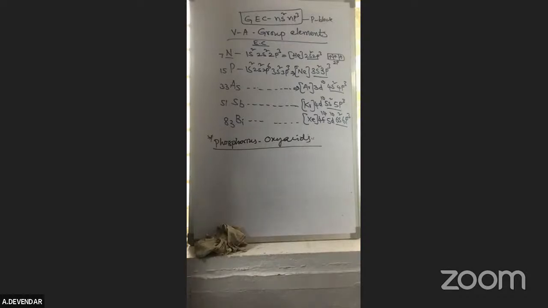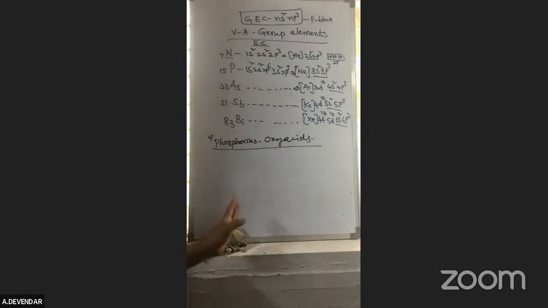Orthophosphoric acid is H3PO4. Pyrophosphoric acid is H4P2O7. And metaphosphoric acid, the simplest form of phosphoric acid, is HPO3.